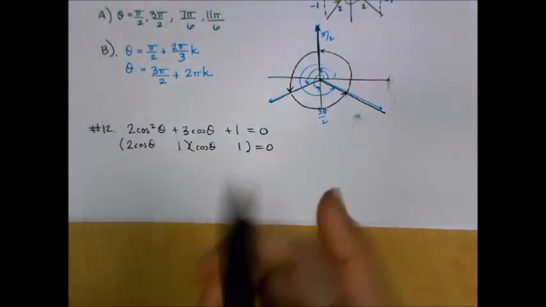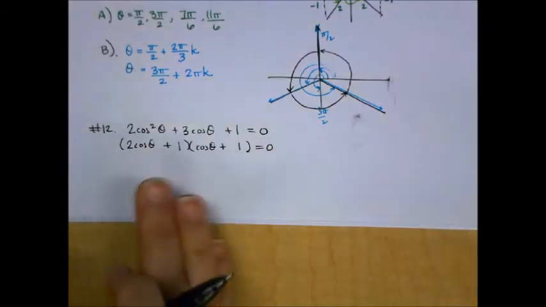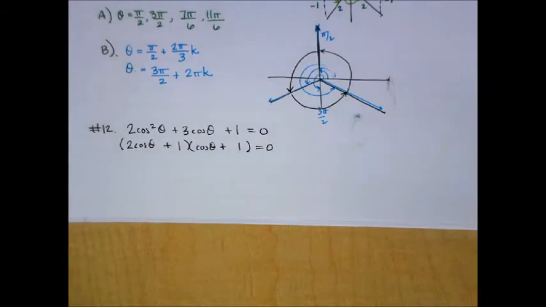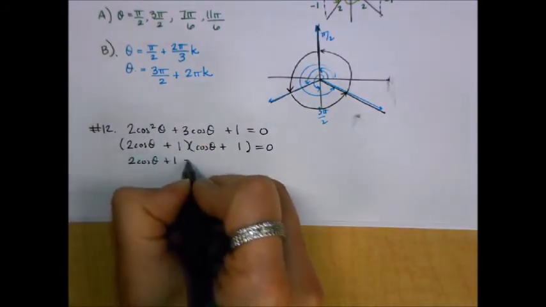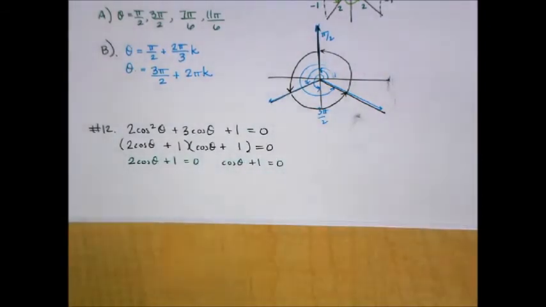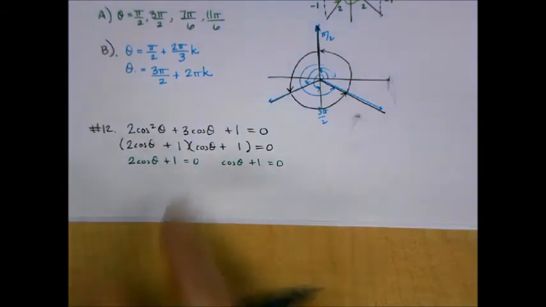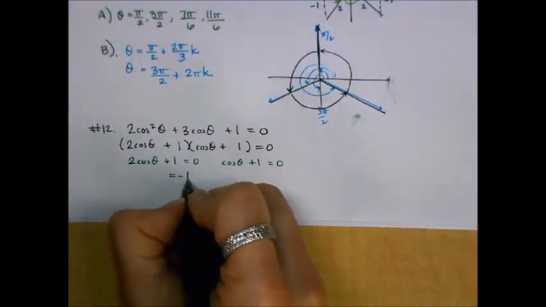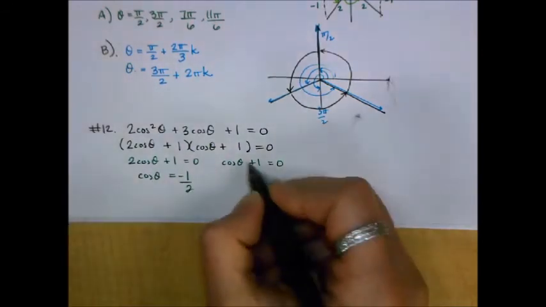So now I'll go ahead and set each factor equal to 0 and solve. My first equation, we'll subtract 1 and then divide by 2. Over here, we'll just subtract 1.